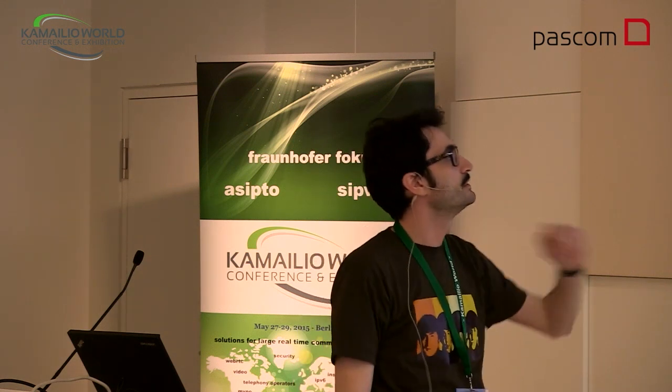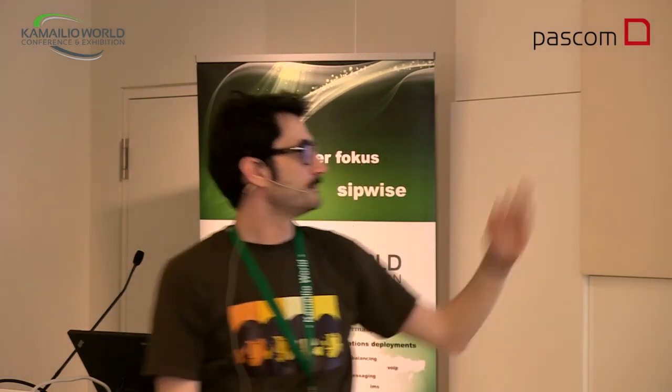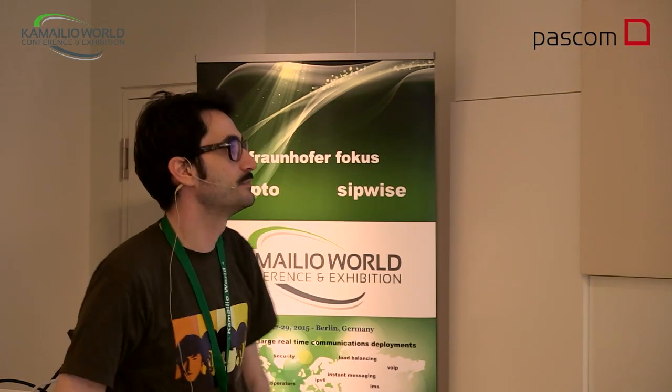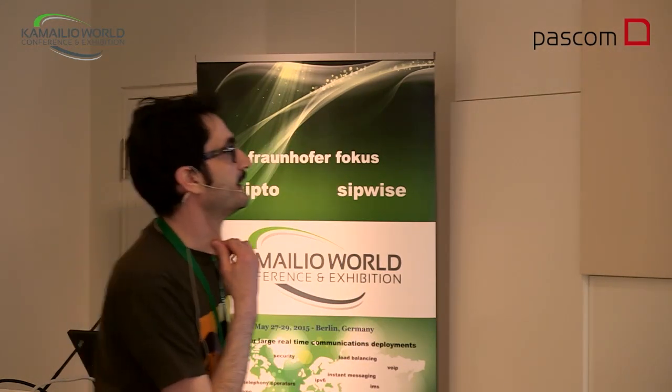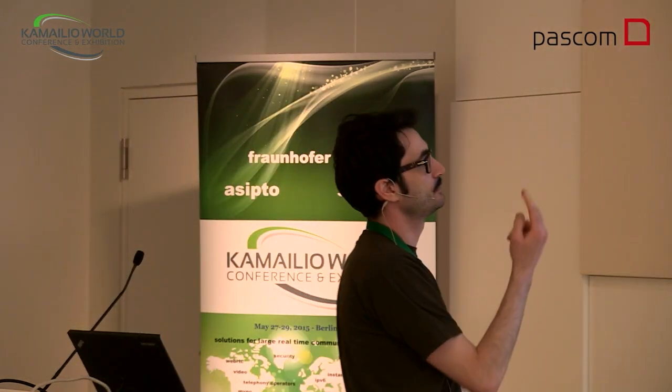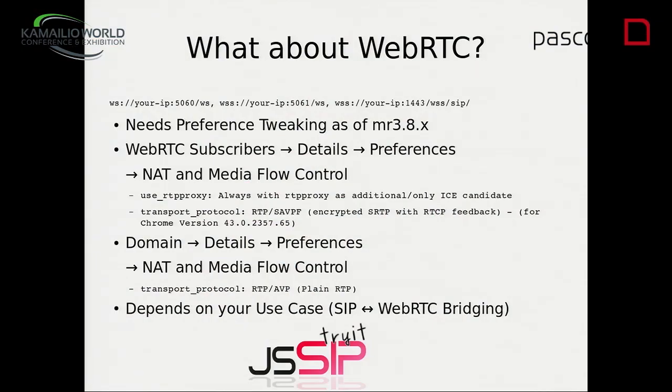Basically, we need to change the use RTP proxy to the value of always with RTP proxy as additional only ICE candidate. And we need to tell the system to use the protocol RTP SAVPF, so encrypted SRTP with RTCP feedback, to communicate toward the WebRTC client.